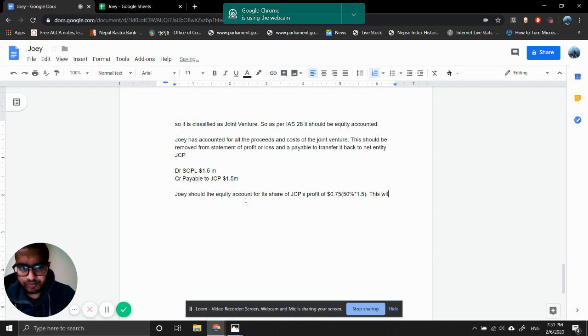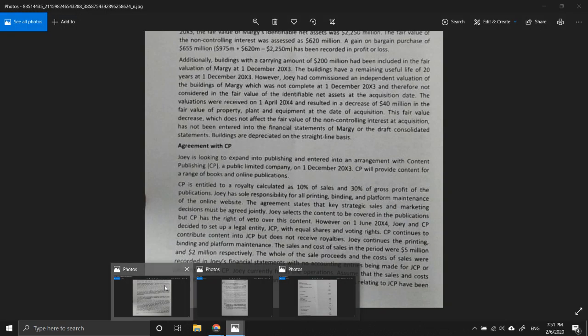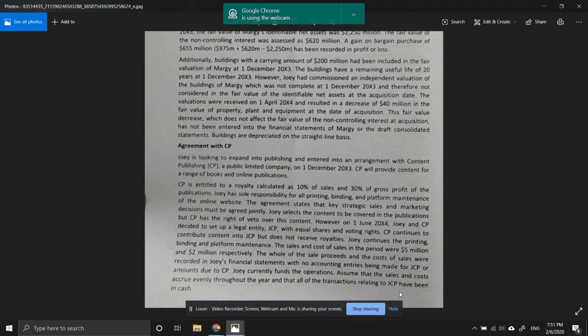This will be recorded as share of profit. It's already cash, right? Isn't that what it says? So at the end, all the transactions related to JCB have been in cash.